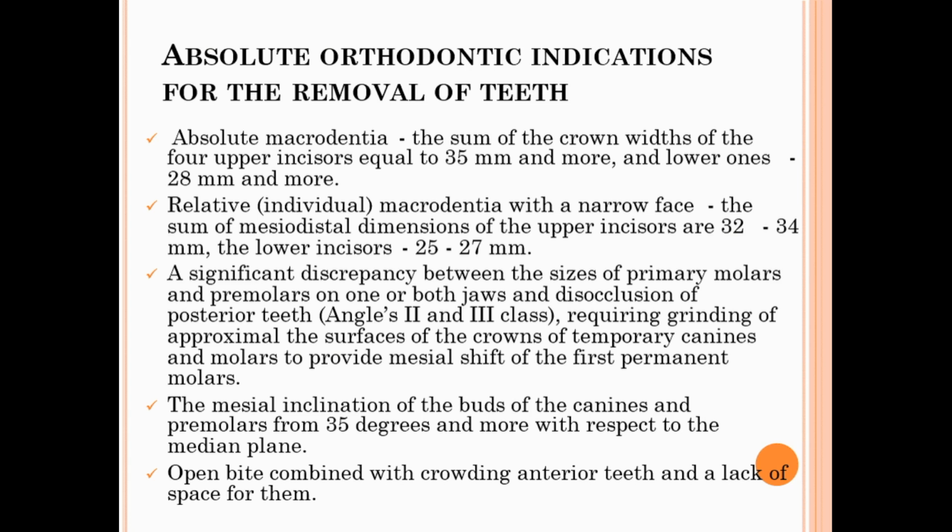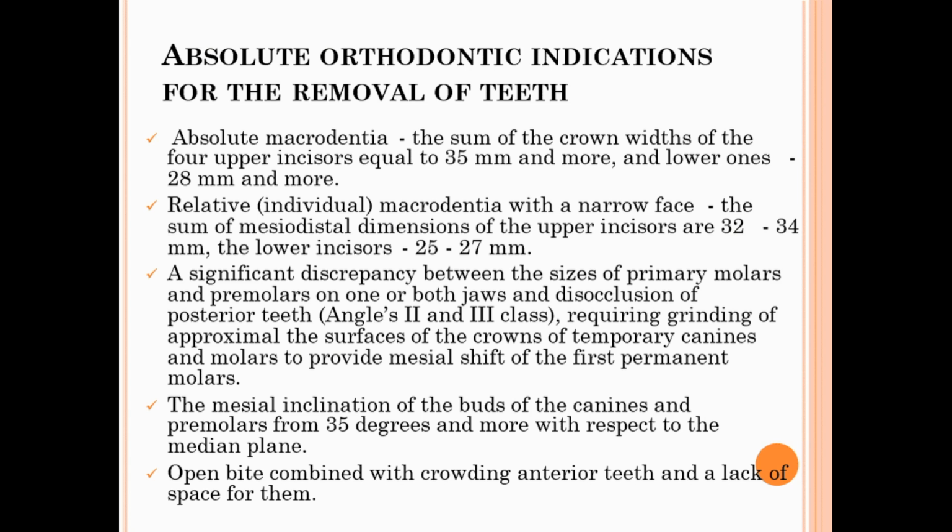A significant discrepancy between the sizes of primary molars and premolars on one or both jaws, and disocclusion of posterior teeth, requiring grinding of approximately the surfaces of the crowns of temporary canines and molars to provide mesial shift of the first permanent molars.